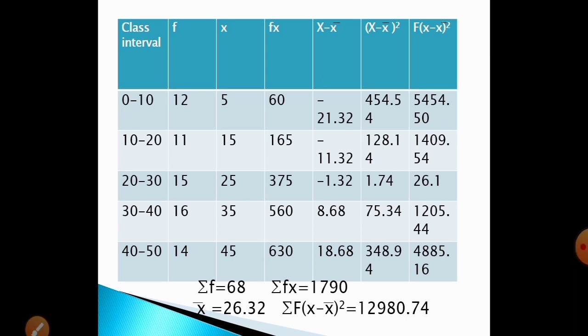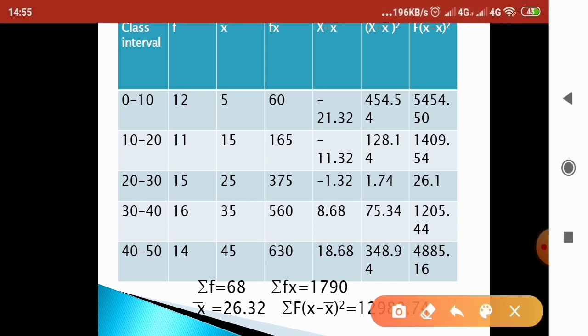Now we have to calculate x minus x bar, because we need (x minus x bar) the whole square. So here it is 5 minus 26.32, we got minus 21.32. Similarly we have found out for the next column also, it is 15 minus 26.32, 11.32. For all we have found out, and next we have squared.